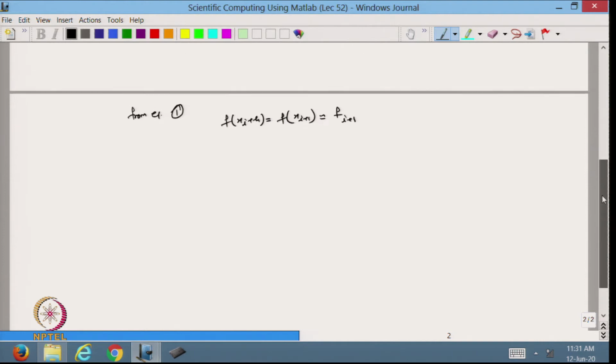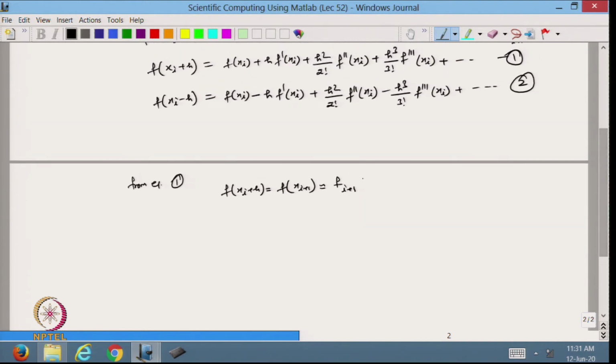This one I know. So from here this can be written as f i plus 1 equal to f i plus h f dash xi plus the remaining terms. Now from here I will take this term on the left hand side. So once I take these terms I will get these values only, and now I take the common value h.